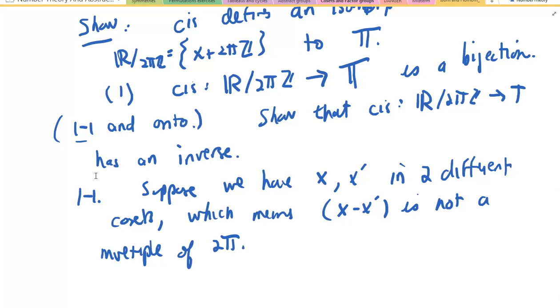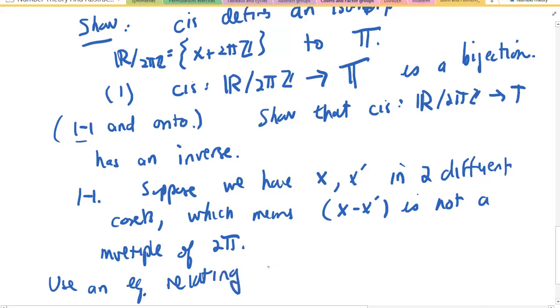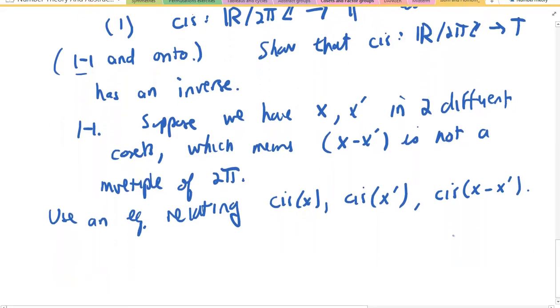Right. Then you can use an equation, there's an equation relating cis of x, cis of x prime, and cis of x minus x prime. Go back to your rules about cis, and you can use an equation relating these three to show that cis of x is unequal to cis of x prime.